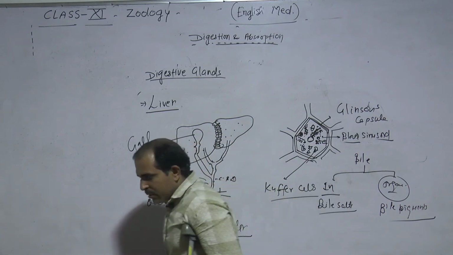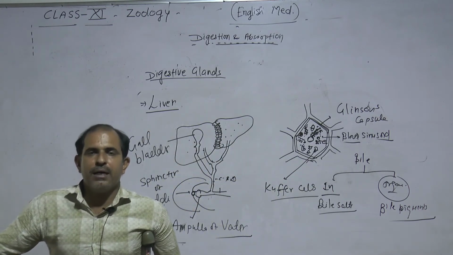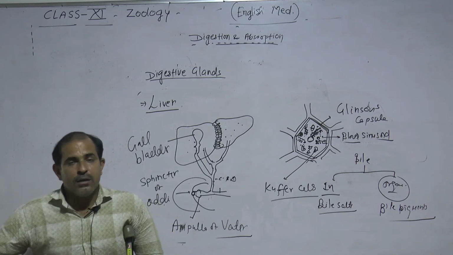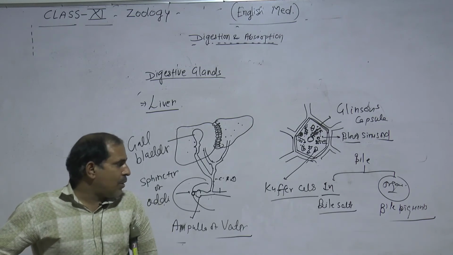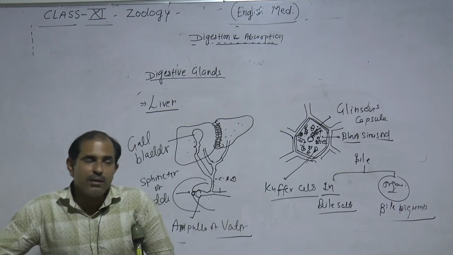It means the bile juice consists of two parts, inorganic part and organic part, and in the inorganic part bile salts are present, and in the organic part bile pigments are present.